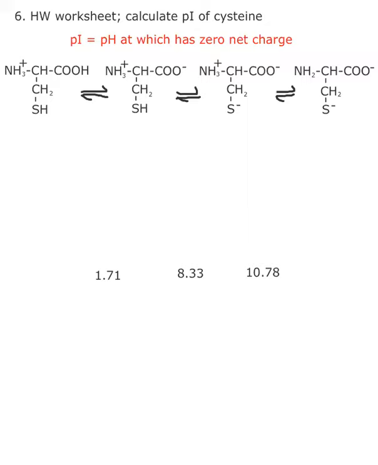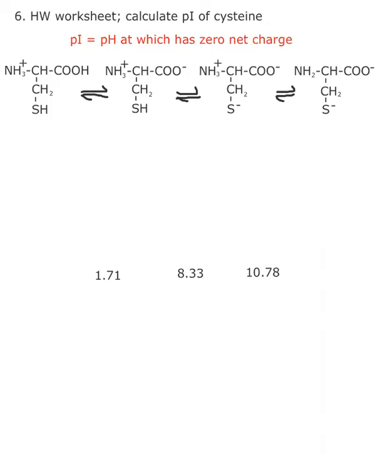Cysteine has 3 different pKa. The first pKa of cysteine is the pKa of the alpha carboxylic group. I got this value from the appendix at the end of the Sigo book here.